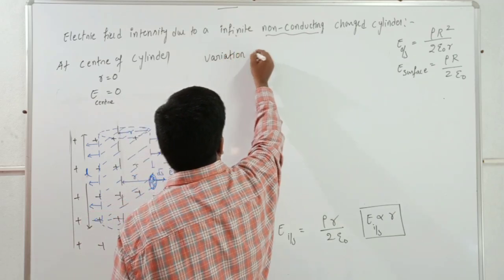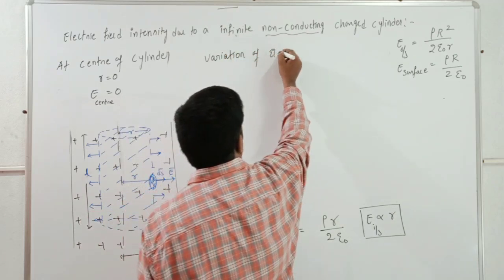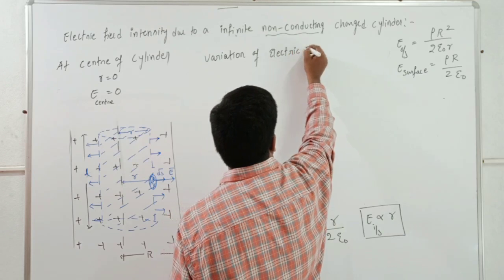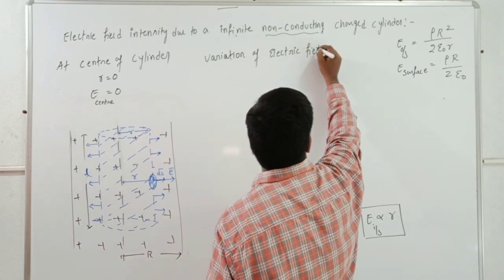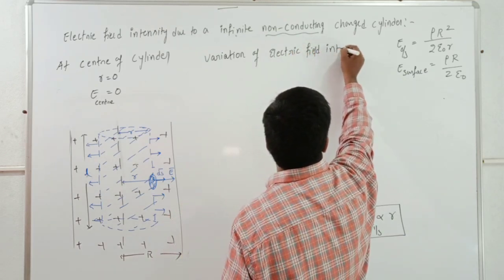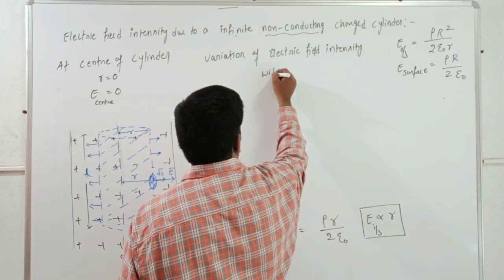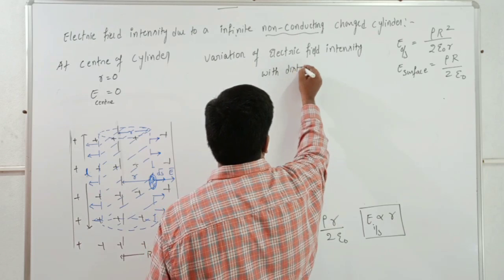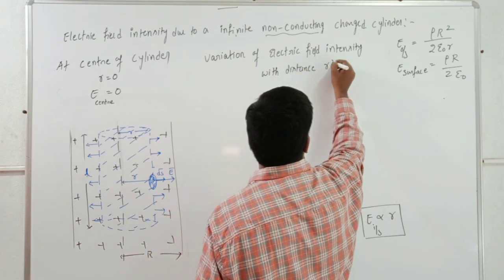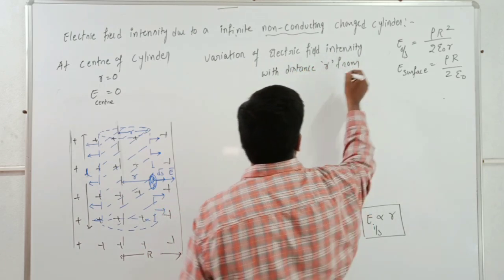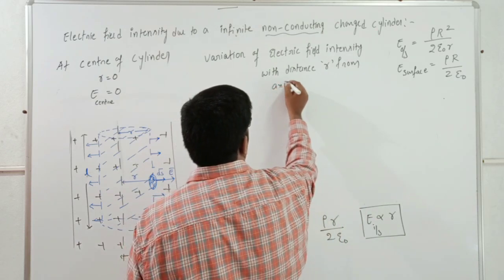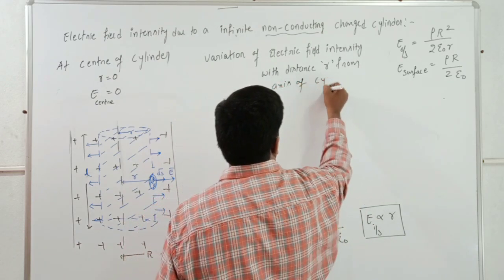Variation of electric field intensity with the distance r from the axis of the cylinder.